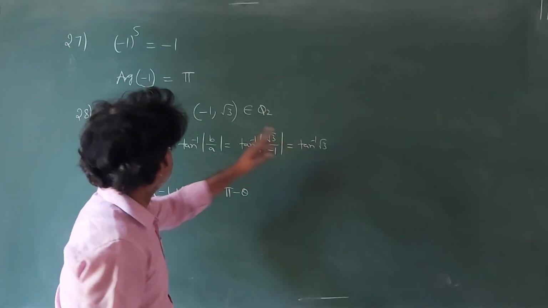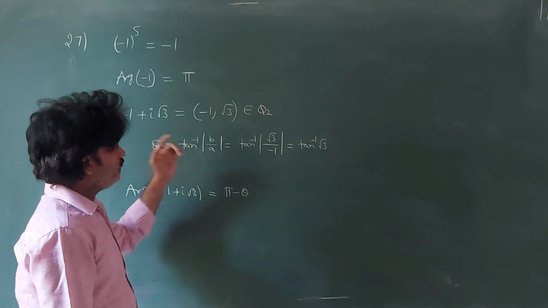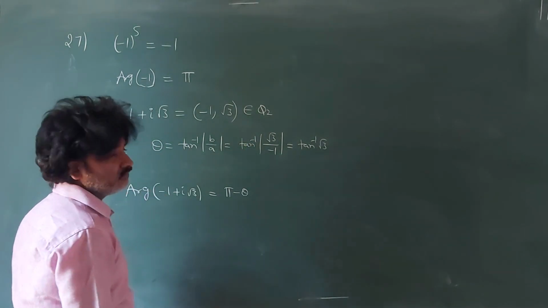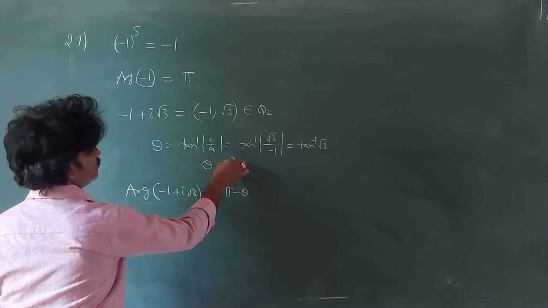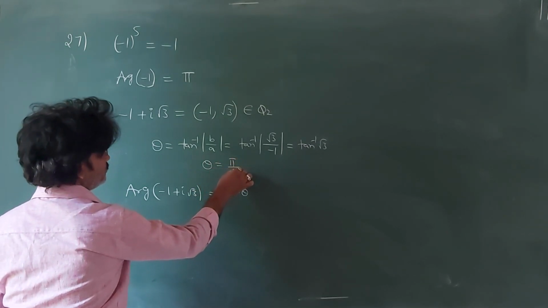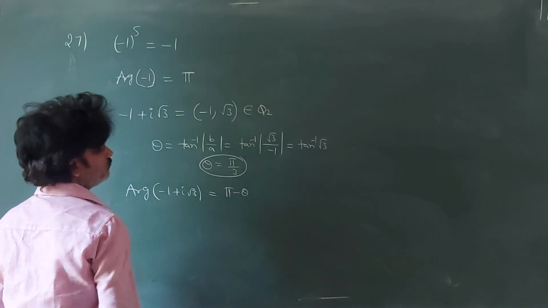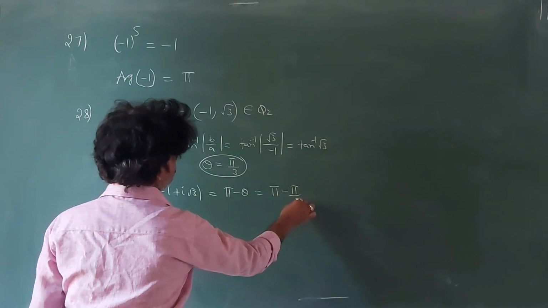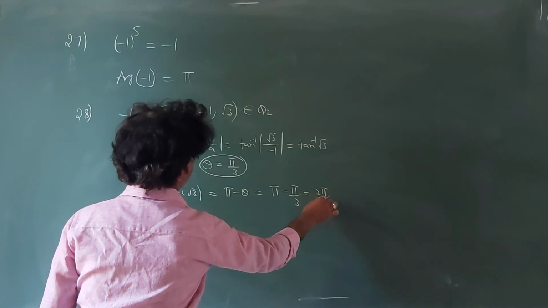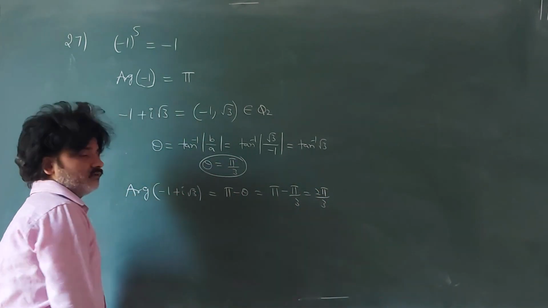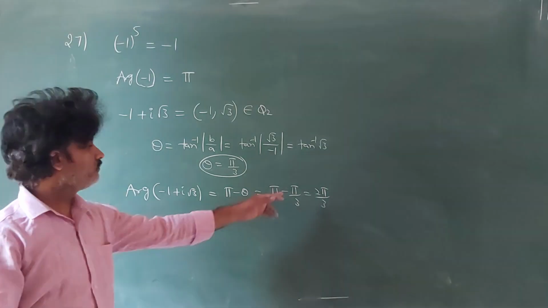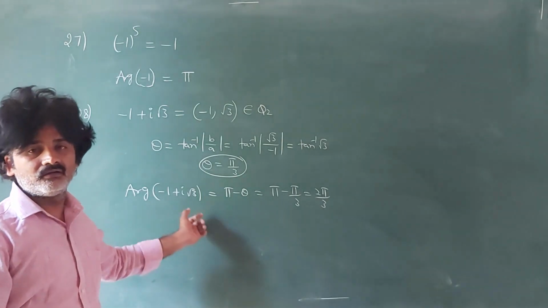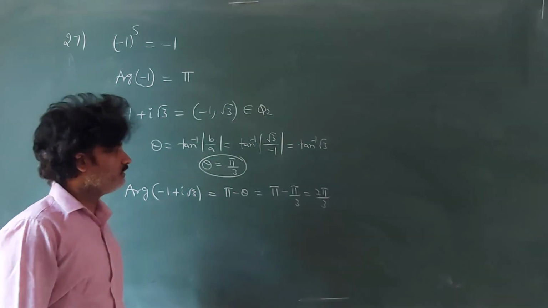If you send tan inverse to that side, tan theta equals root 3. Where do you get root 3 in tan? Pi by 3, tan 60 is root 3. So theta is pi by 3. So the argument is pi minus pi by 3, so 2 pi by 3. So the argument of this complex number is 2 pi by 3, that is 120 degrees. That's it.